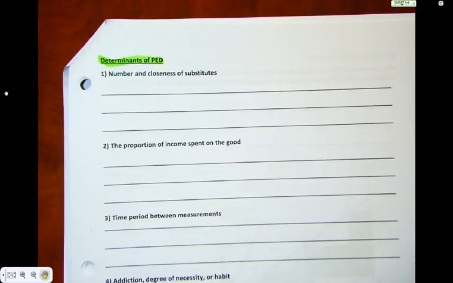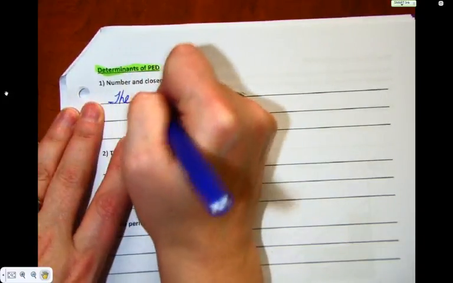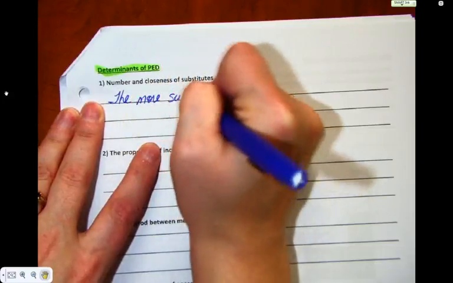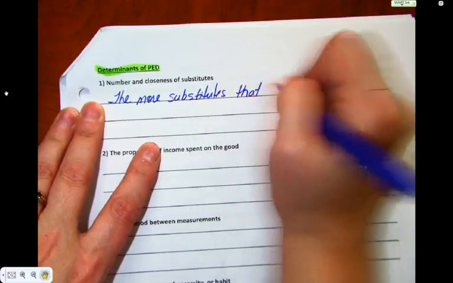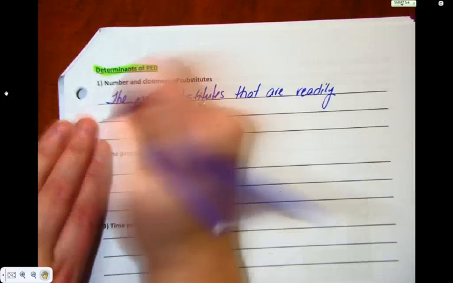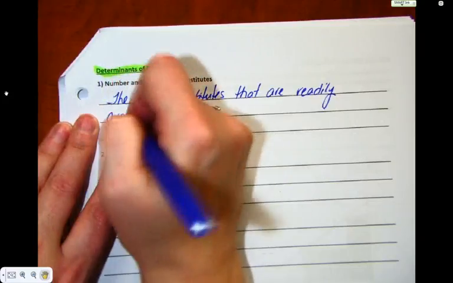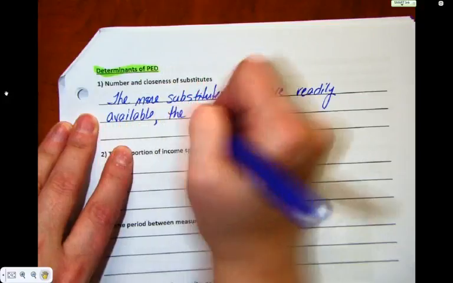So are they readily available, or do you have to do some work? So the more substitutes that are readily available, the more elastic the demand.